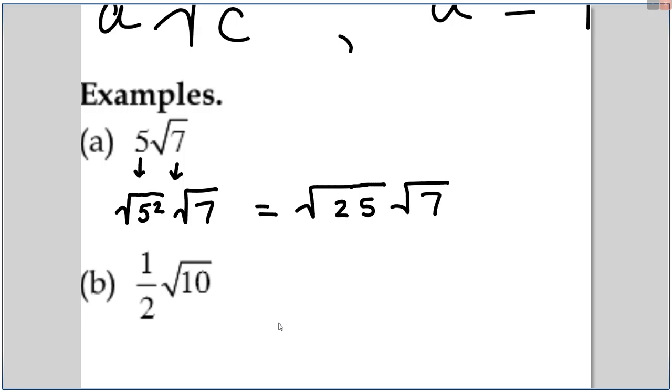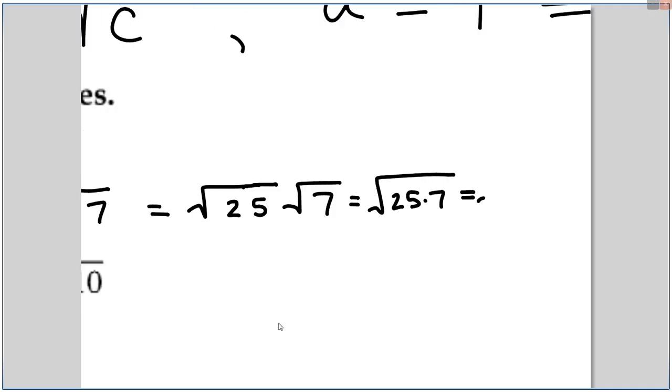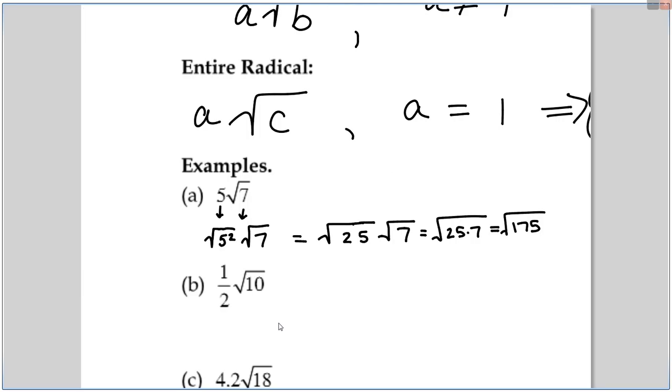Put them together. Smush them together. What's 25 times 7? 175. Okay. So 5 root 7 is the example mixed. Square root 175 is the example entire.